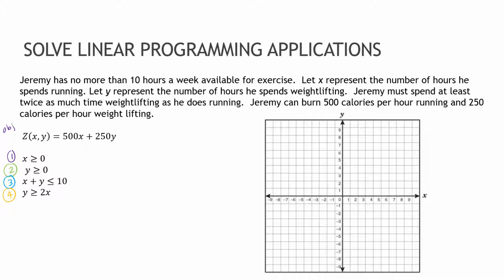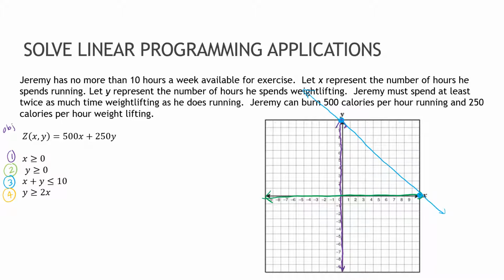X equals 0 is essentially what I'm going to graph, which is this guy right here. And remember, I'm not going to worry about shading yet. Y equals 0 is this guy right here. Again, not worrying about shading yet. X plus y equals 10: I'm just going to use the cover-up trick to find these 2 points, connect the dots with a nice straight line.